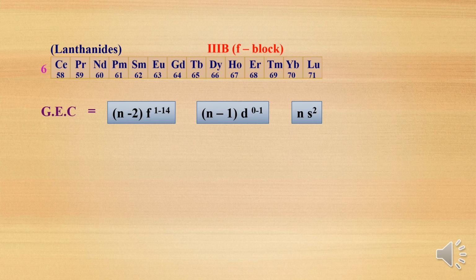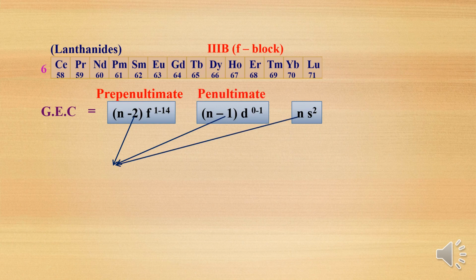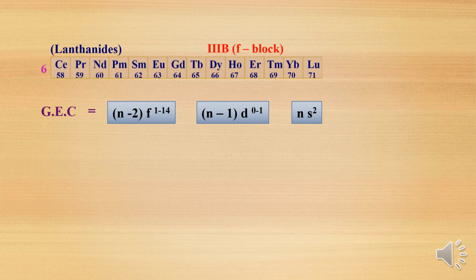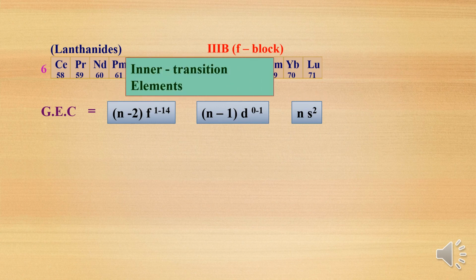Here n-2 is the pre-penultimate shell, n-1 is the penultimate shell, and n is the valence shell. The last three shells are incompletely filled, so these elements are called inner transition elements.